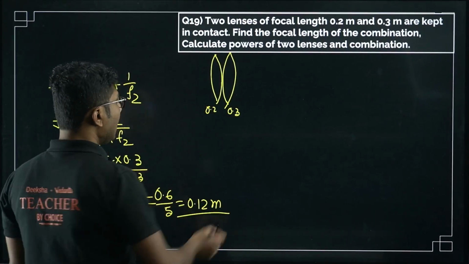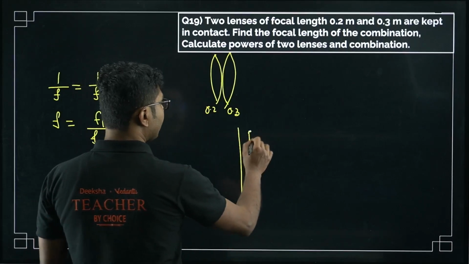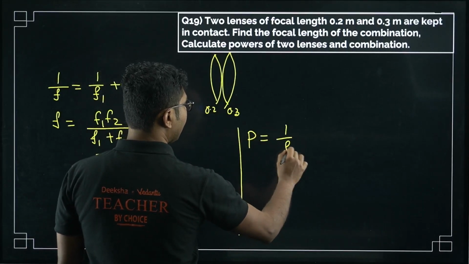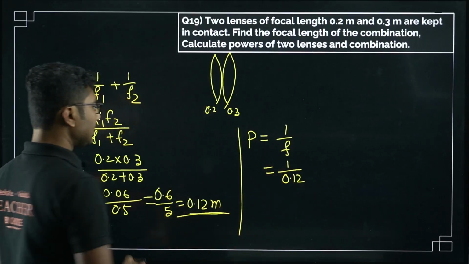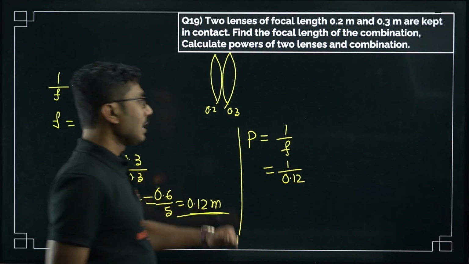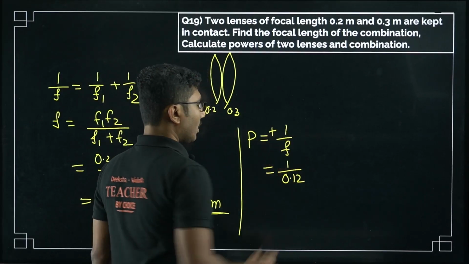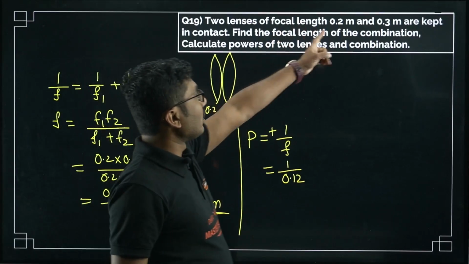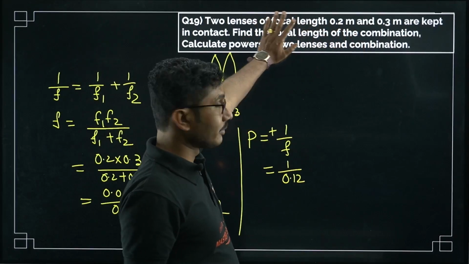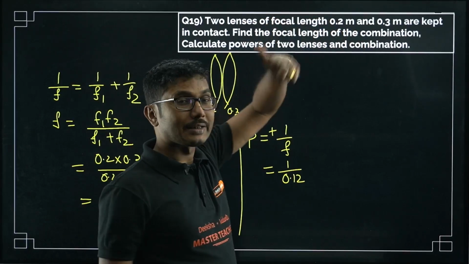Okay, what is the power of the combination? Power of the combination is simple, 1 by f, that is 1 by 0.12. It is given in meters. So in case of power, both of the focal lengths are positive, right? Focal length sign is not mentioned, so what type of lens is not mentioned, so we can directly take the sign.